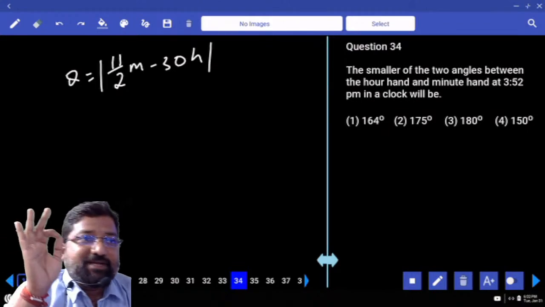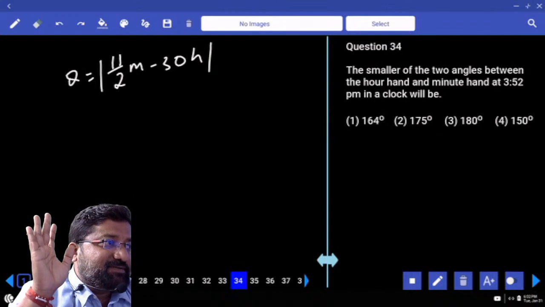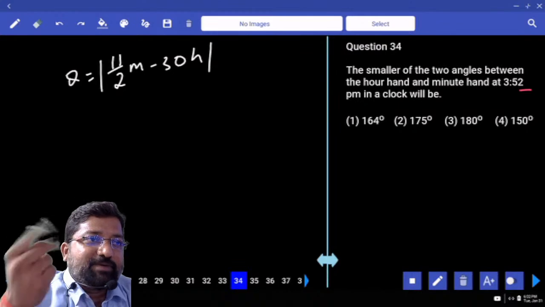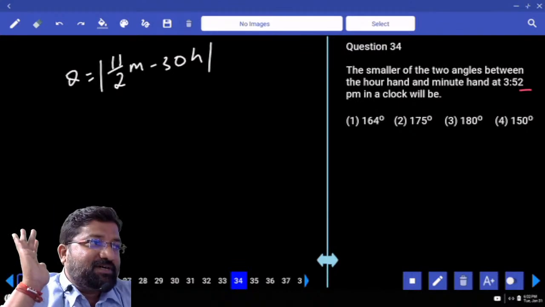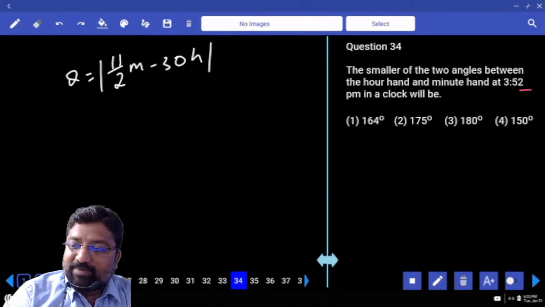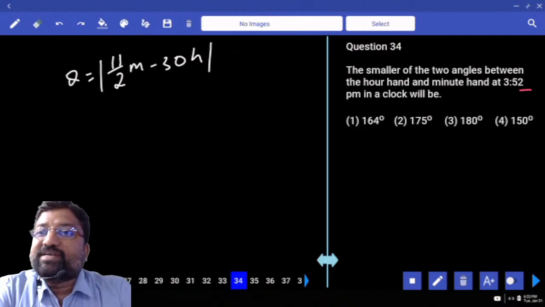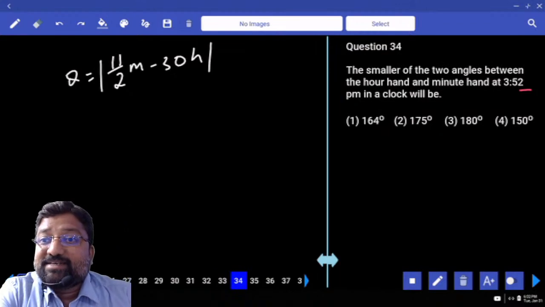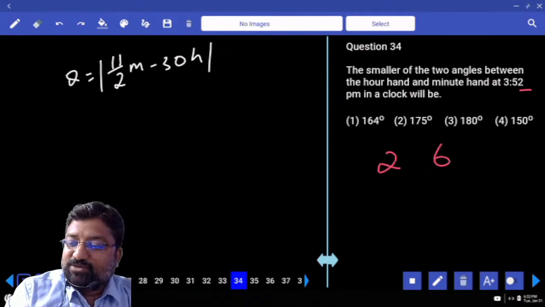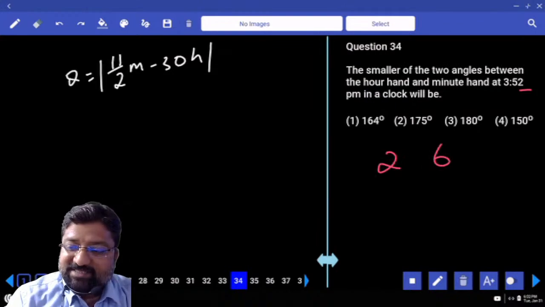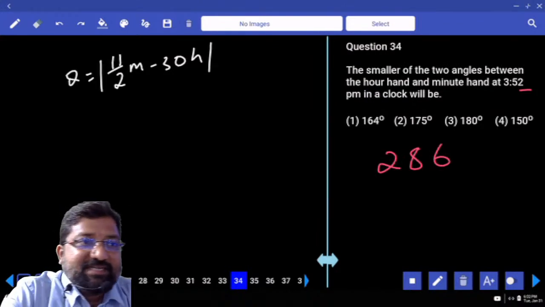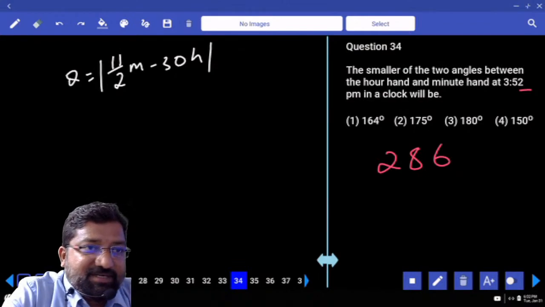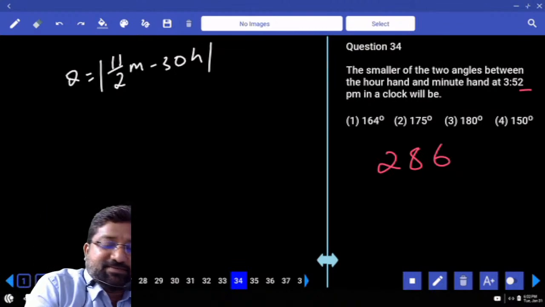Tell me. And how many minutes are given here? 52. 52 is an even number, surely divisible by 2. Right? 11 by 2 into 52. 52 by 2 is 26. 26 into 11 is 286. 26 into 11: 2, 6. 2 plus 6, 8. 286 minus 90.